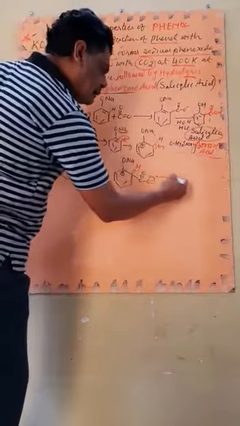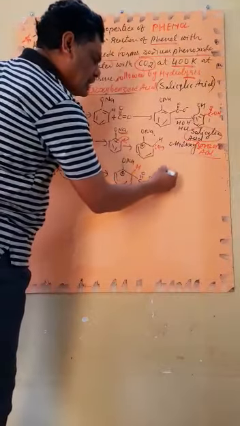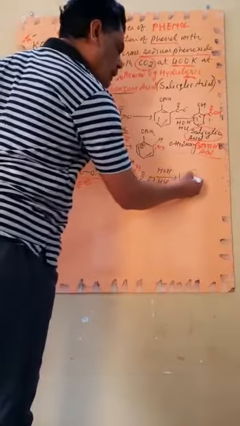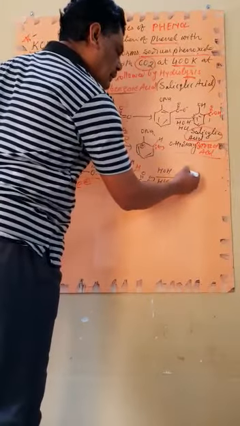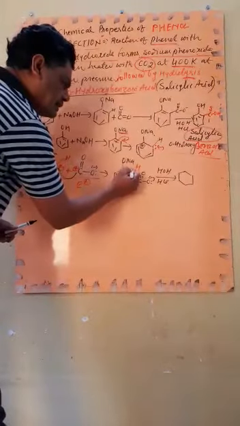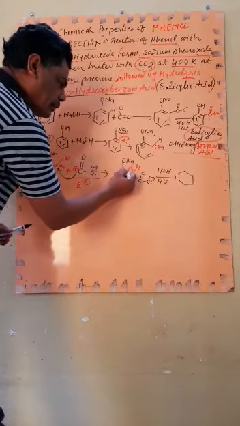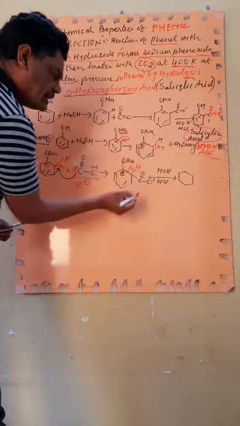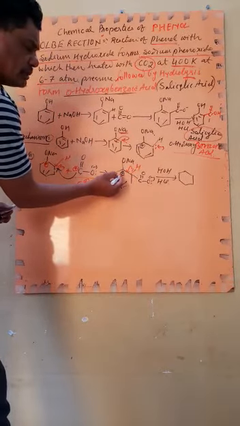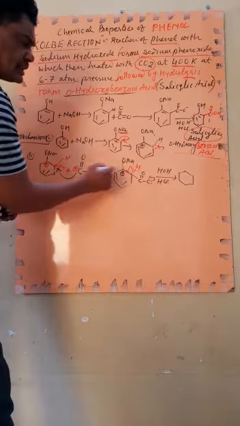And finally, when the compound is hydrolyzed in the presence of HCl, it will convert into the final product. Now here the H bond, these 2 electrons are again gained by this carbon to diminish the plus charge, because there is an instability.